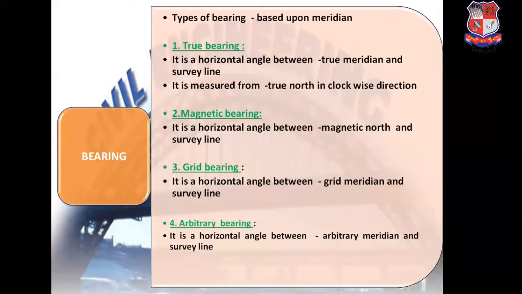It is the horizontal angle of the survey line with respect to magnetic north. Third one is the grid bearing. It is the horizontal angle between the survey line and the grid meridian. And the fourth one is the arbitrary bearing. It is the horizontal angle between the survey line and the arbitrary meridian. So those are the various types of bearing.